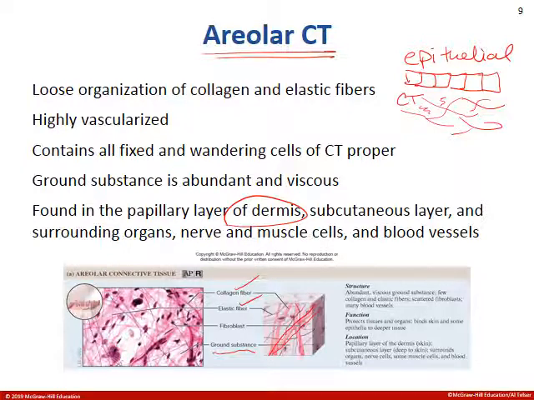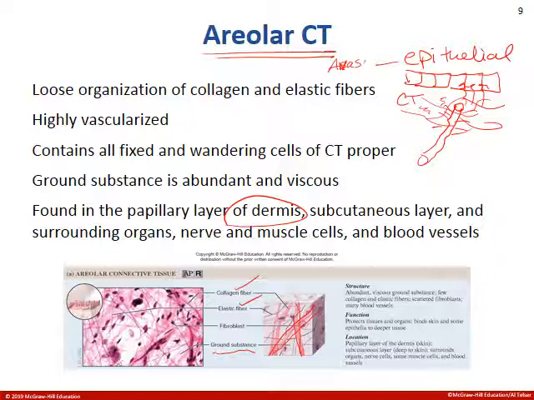So I kind of showed this image a little earlier. So blood vessels can come into this space, and the blood vessels can feed these cells in this tissue. And then remember that the nutrients can diffuse across the epithelial cell membrane and feed those cells. So remember, epithelial is avascular.